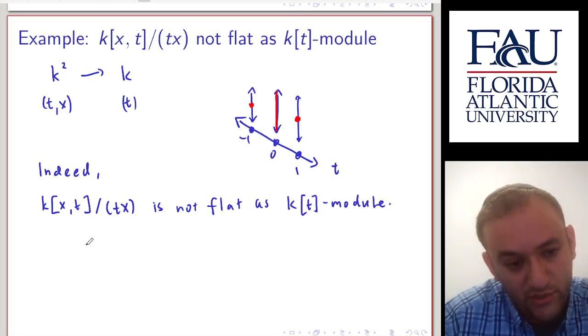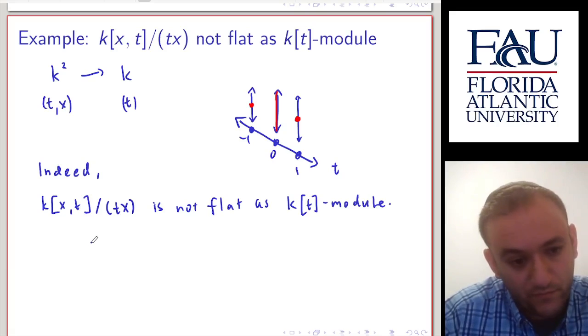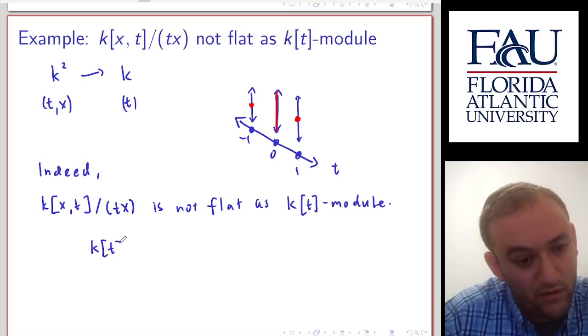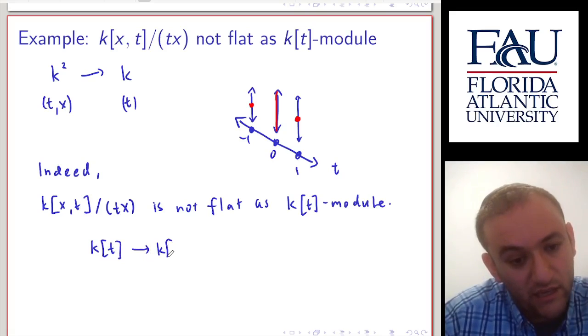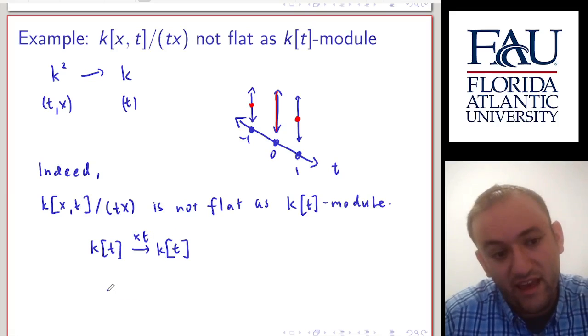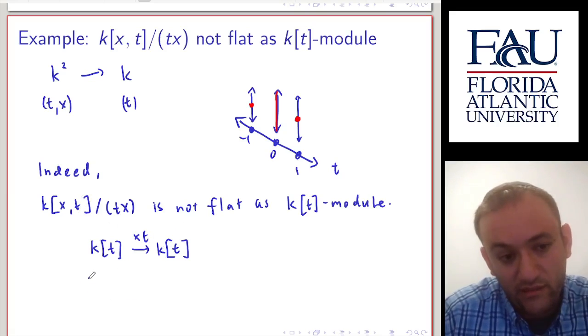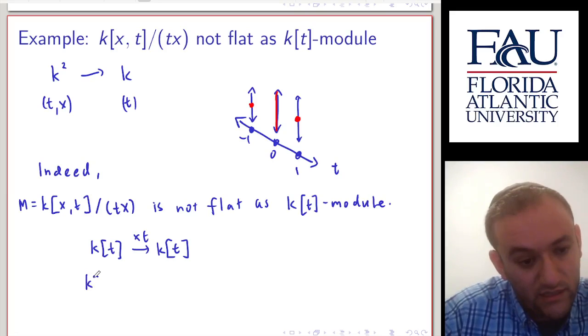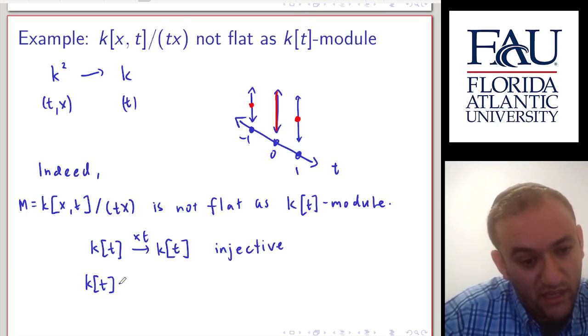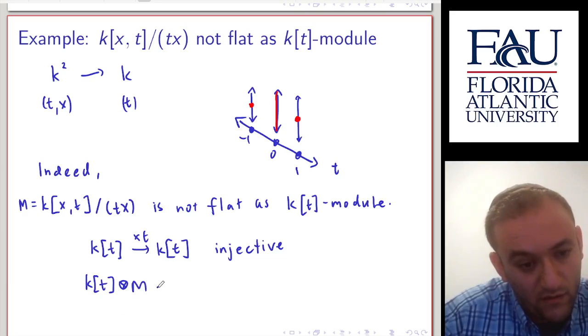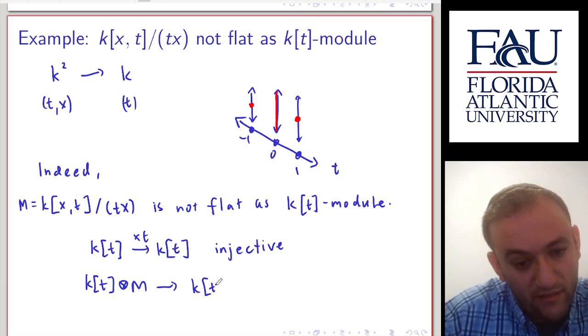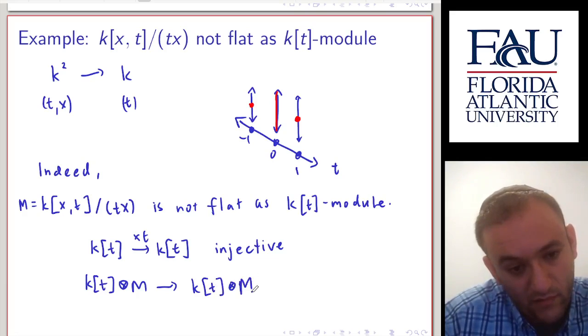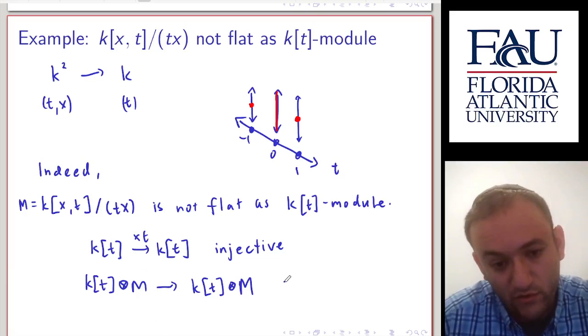You can see in particular that if I take the map k adjoin t to k adjoin t, multiplying by t, this is an injective map. But then when I tensor with this ring, so let's say this is M, this is injective, but then k adjoin t tensor M mapping to k adjoin t tensor M is no longer injective.